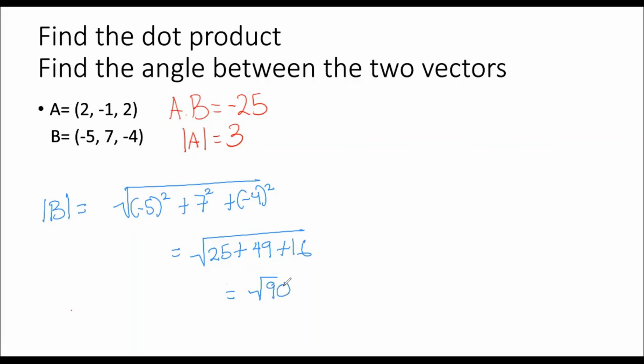Okay, so we can leave it like this, or put it in a shorter form. This root 90 is okay, and then we can decide to go further and say 90 is the same thing as 9 times 10, which is the same as root 9 times root 10. Root 9 is already 3, and root 10 stays the way it is.